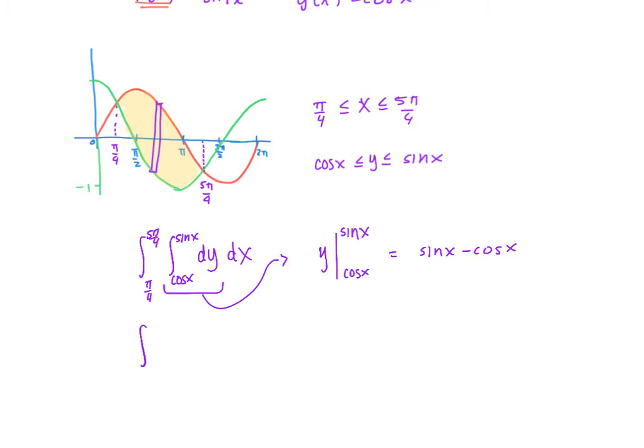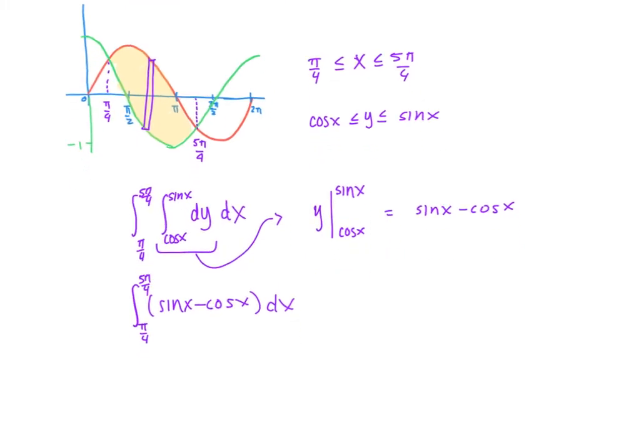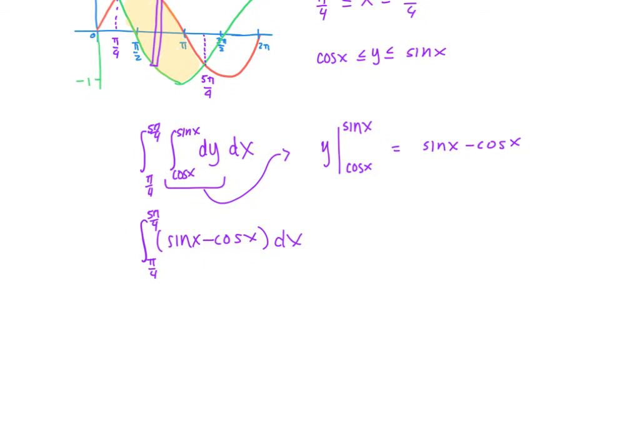So now I have the integral of sine x minus cosine x dx from pi over 4 to 5 pi over 4. The integral of sine is negative cosine, and the integral of cosine is sine, from pi over 4 to 5 pi over 4.